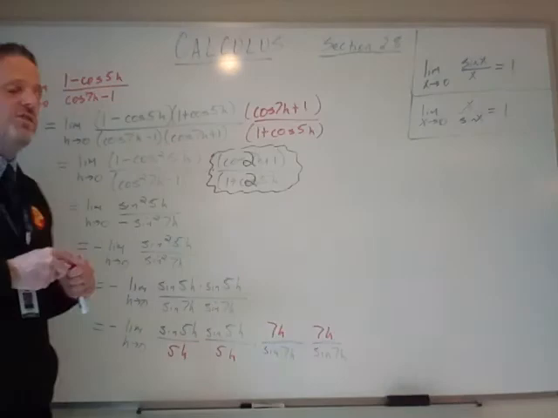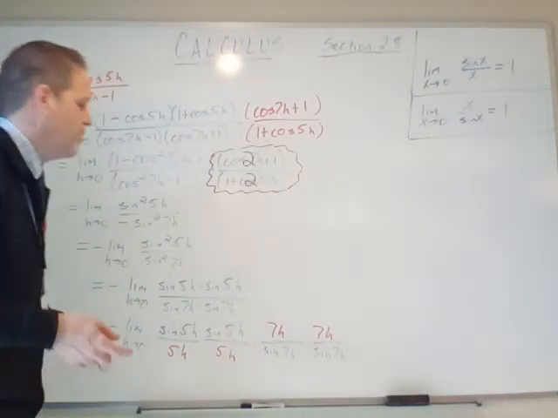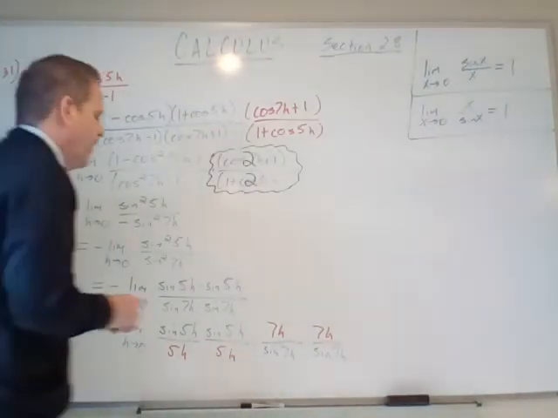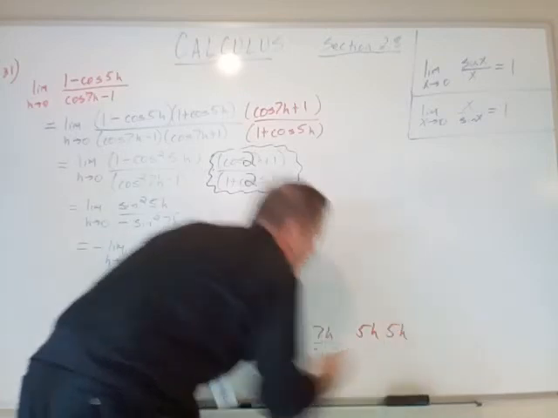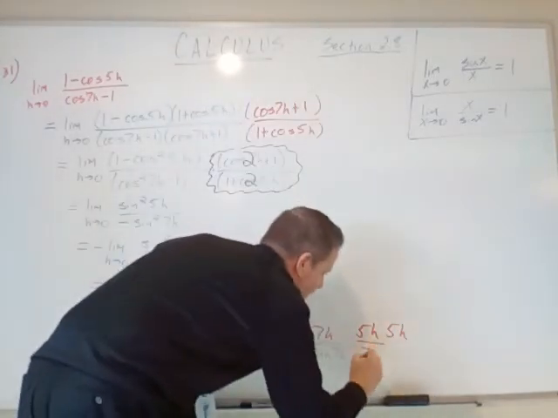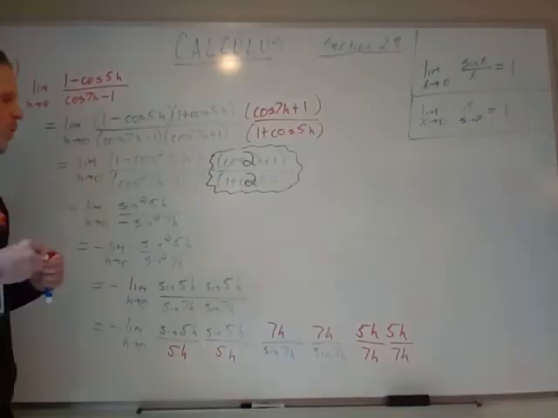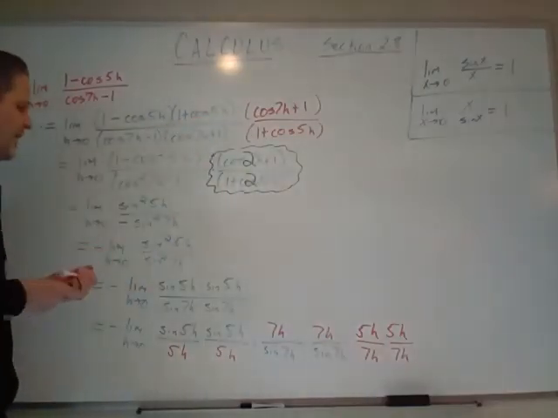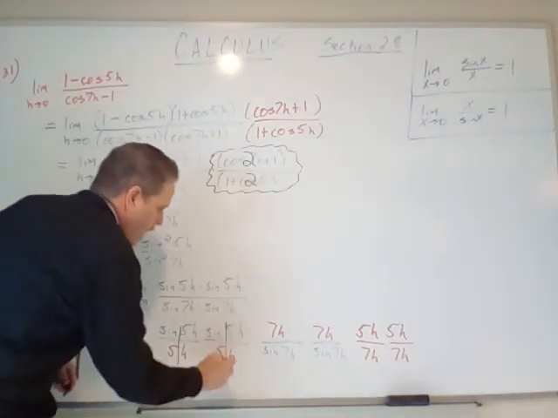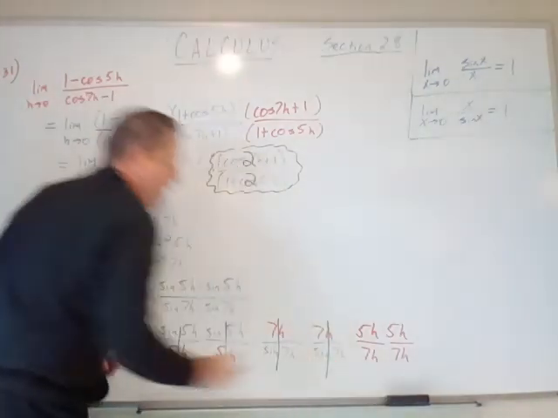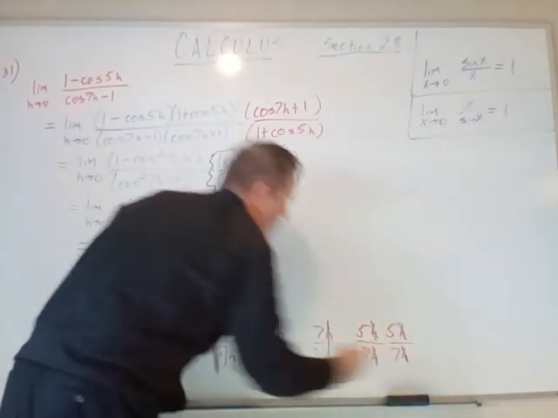Okay, but again, we've just introduced values, numbers, variables to the problem. So I've got to offset that. So I've got to have a 5h up here, a 5h up here, a 7h down here, and a 7h down here. Okay, so if you realize, we just ended up with the theorems: we've got a 1, a 1, a 1, a 1. I've got h's to cancel, h's to cancel.